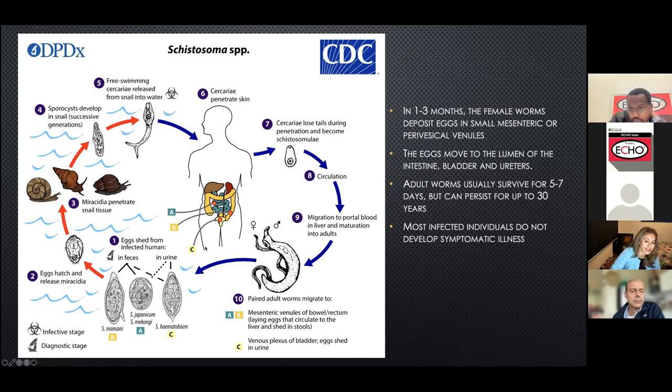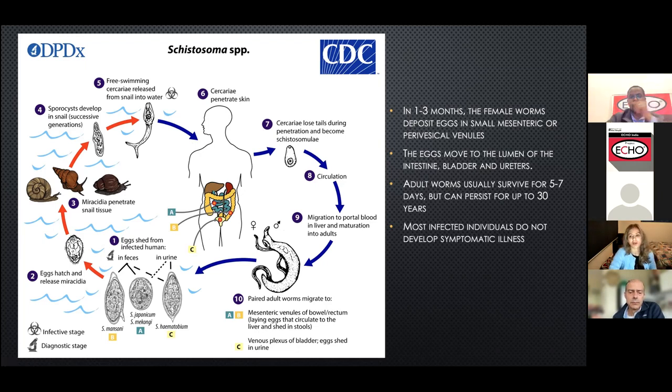They penetrate the skin, usually feet or legs, or in children through the skin, and there they go through the circulation and through the intestine, and deposit in the intestine or into the bladder wall. And so they're passed from the human out through the feces or the urine back into the water, and therefore they complete the life cycle there.